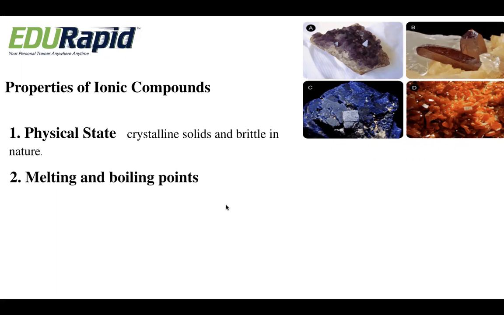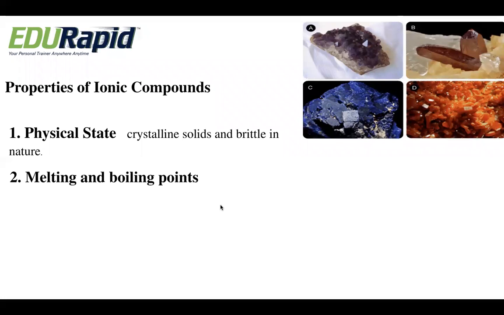The next important property of ionic compounds is melting and boiling points. When we see the melting and boiling points, we can say that ionic compounds have very high melting and boiling points. Why?